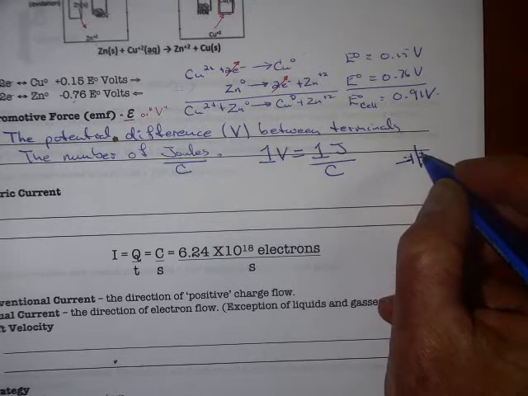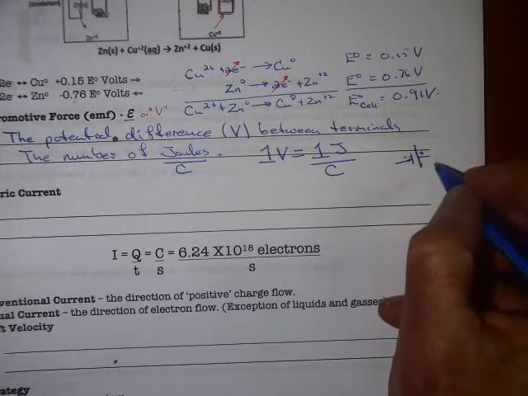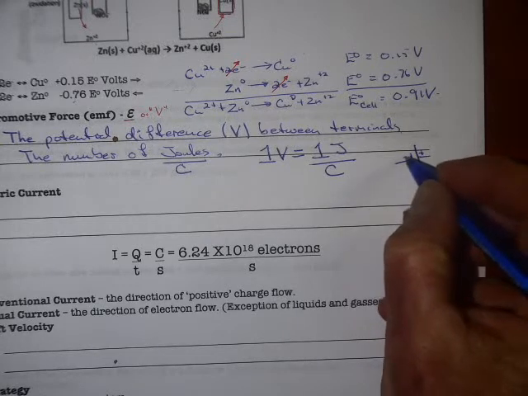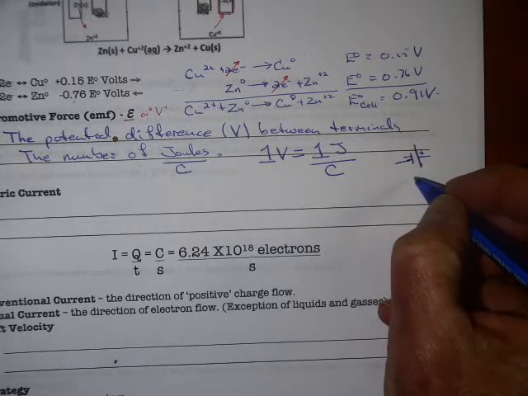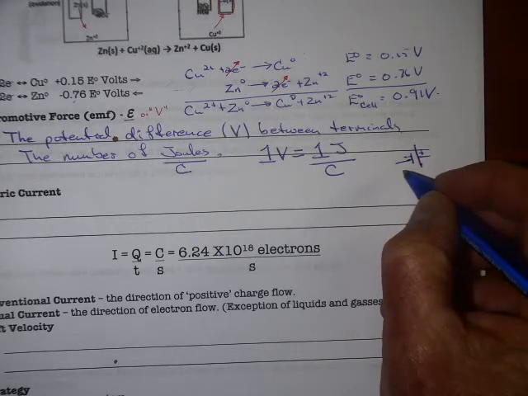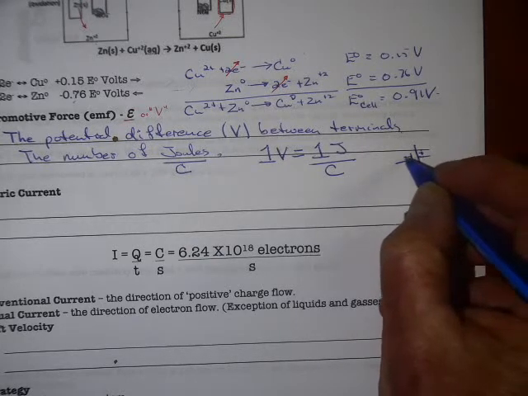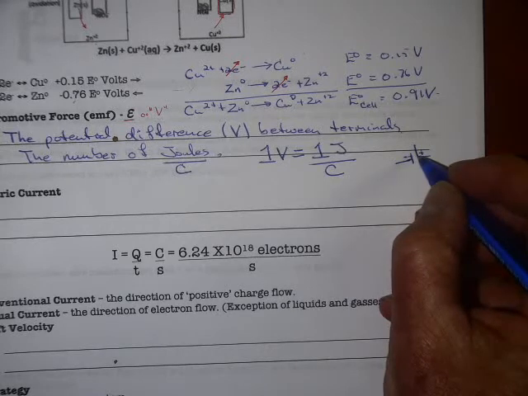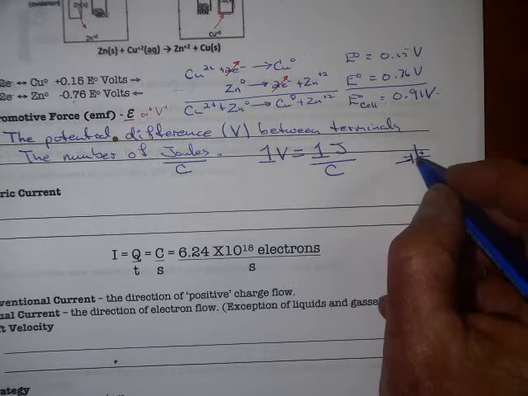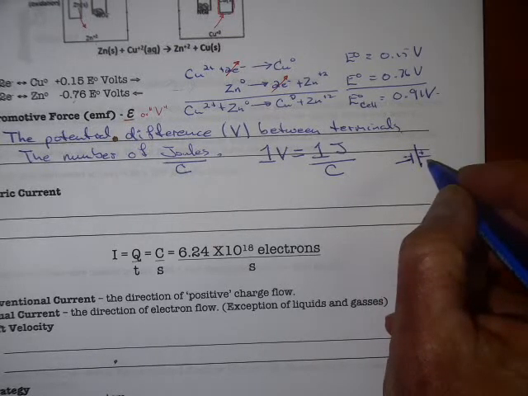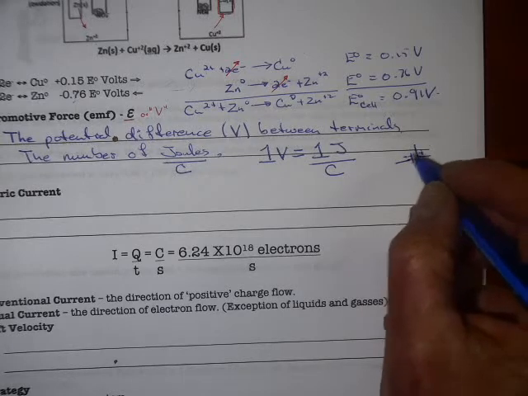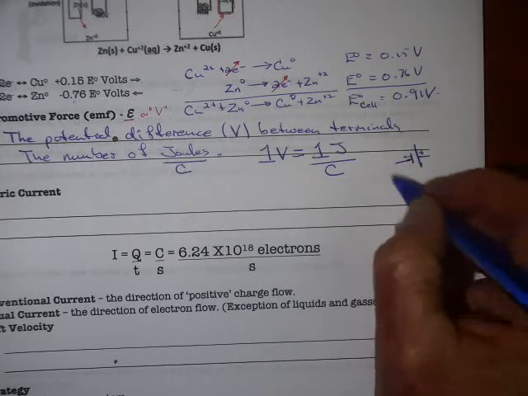Now, if there is no conducting wire for the electrons to move in, there is no current, but the voltage difference still exists. Okay. Now, once you complete it, the voltage difference goes to 0 because they're moving.